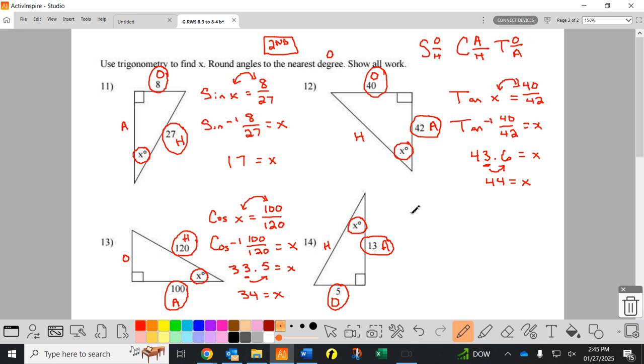So it's going to be tangent of x equals the opposite side, 5, over the adjacent side, 13. When you have an unknown angle, you're going to switch these and use the inverse function, so it's going to make it tan negative 1, 5 over 13 equals x.